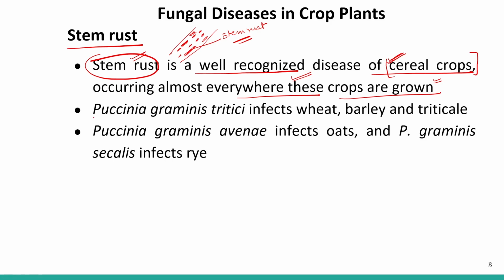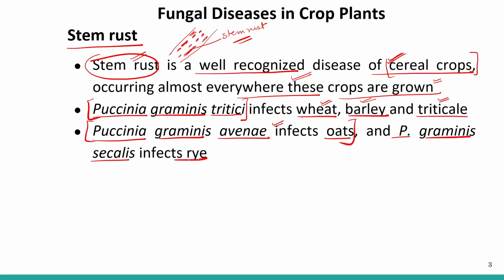The first one, Puccinia graminis tritici, infects wheat, barley and triticale. So basically they infect wheat, barley and triticale. Puccinia graminis avenae infects oats, and Puccinia graminis secalis infects rye plant.